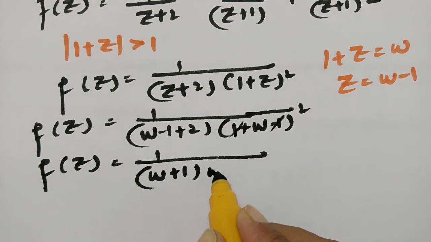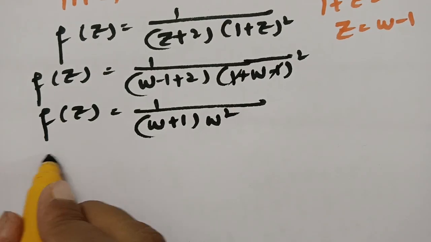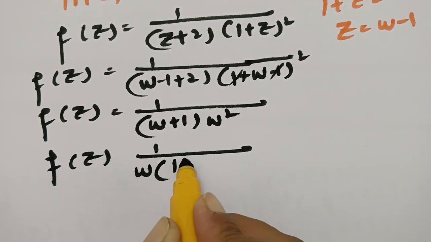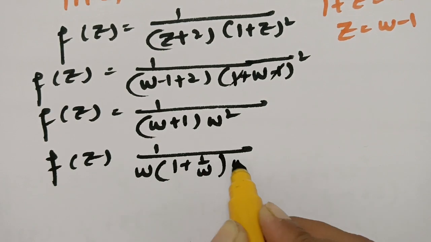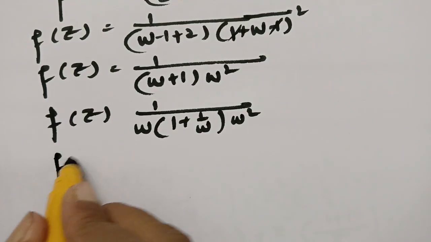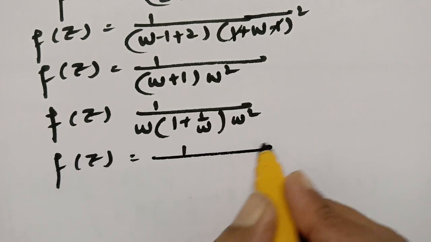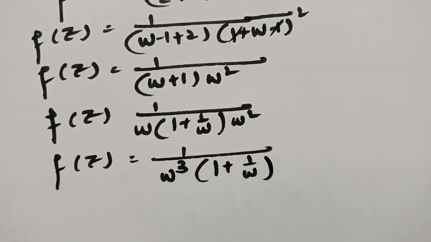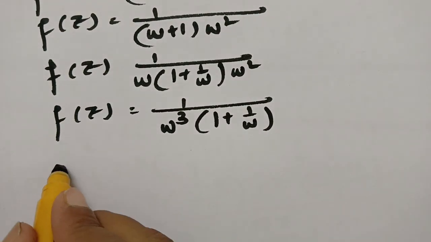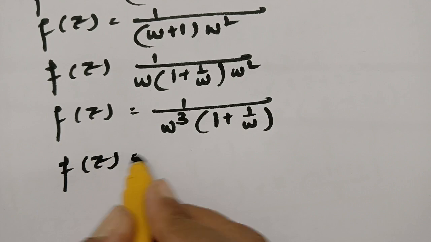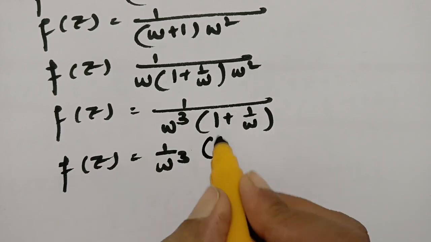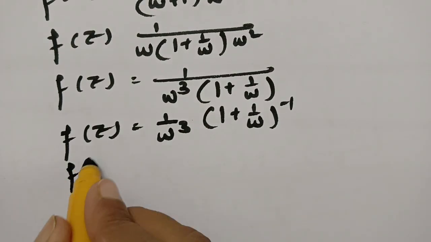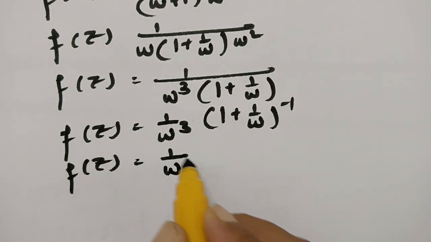And if I cancel this one, this will be w square. So f of z is equal to, if I take w common, this will be 1 plus 1 by w into w square. So f of z is equal to 1 by w cube into 1 plus 1 by w, which can be written as 1 by w cube into 1 plus w inverse.